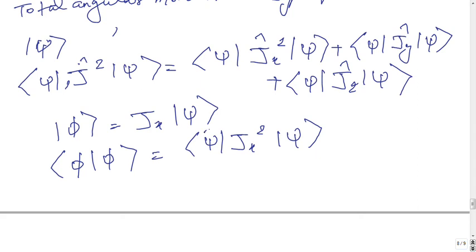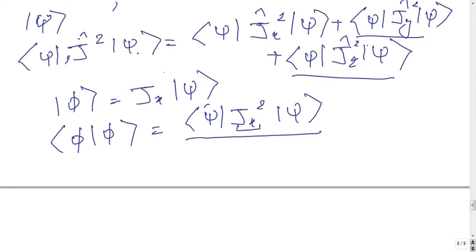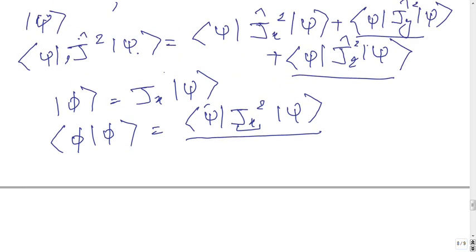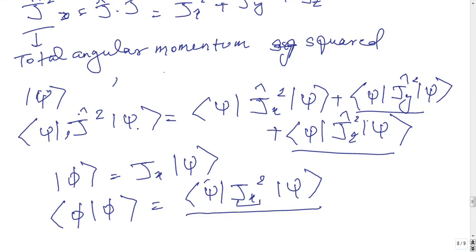Therefore the expectation value of the J squared operator has to be non-negative, and this can be said about all the remaining terms. Therefore my J squared has non-negative eigenvalues because it has a non-negative expectation value.